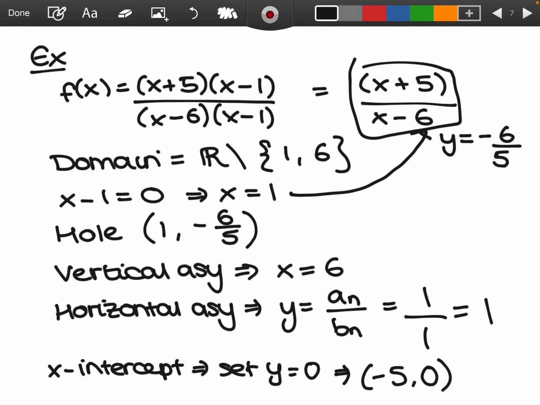Again, you may end up with more than one, even in simplified form. If you still had a quadratic in simplified form, then you know that you're probably going to end up with more than one zero. So just be aware of that. With x-intercepts, make sure that you are doing this in simplified form.